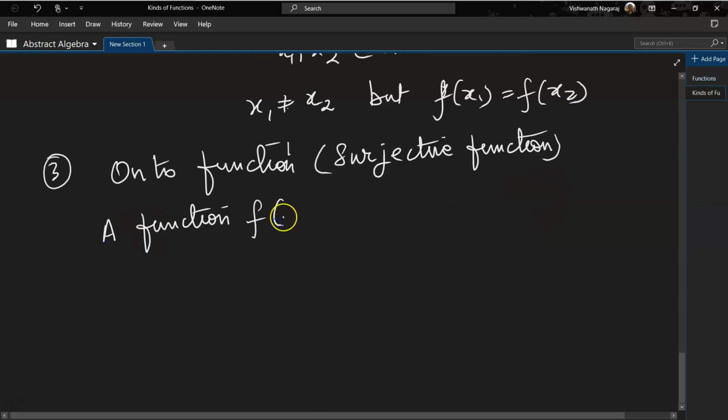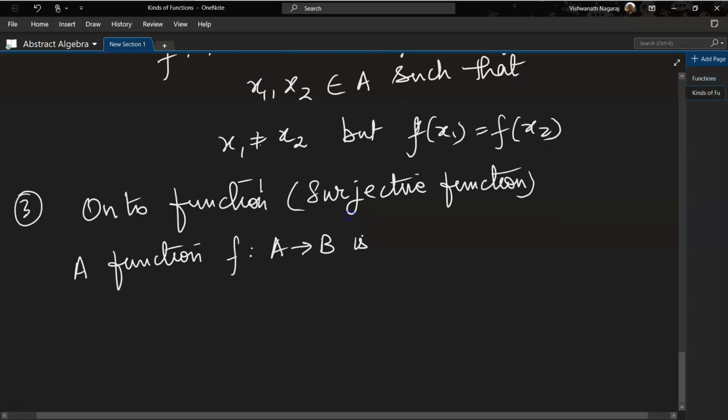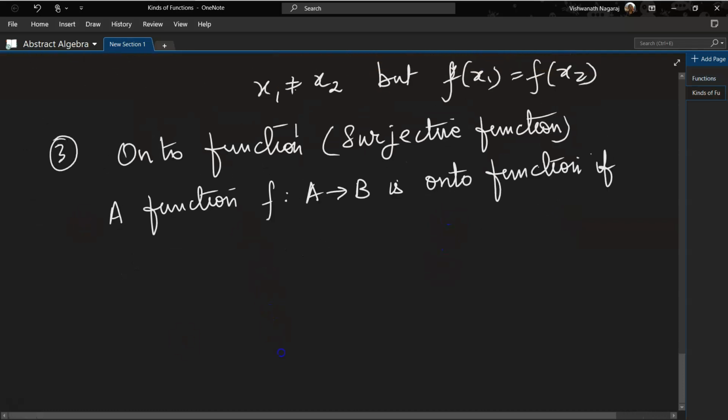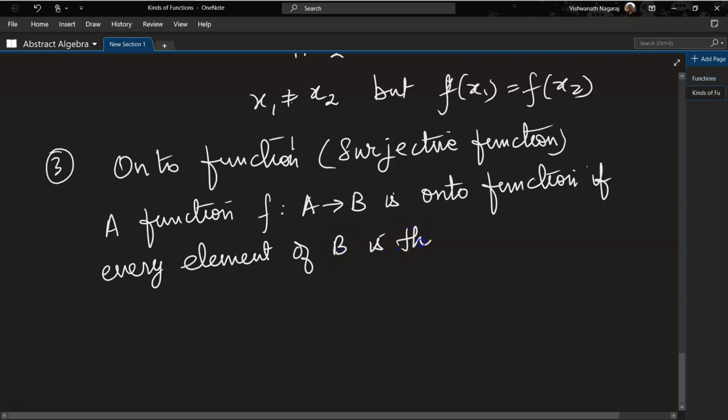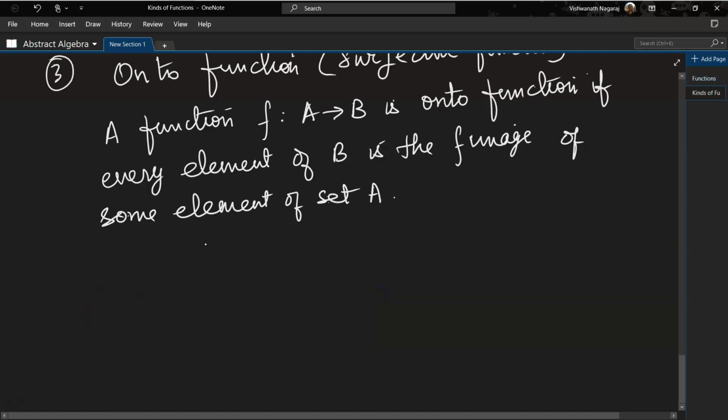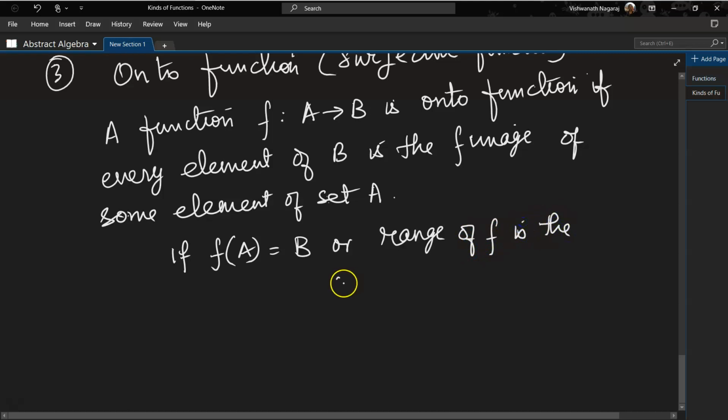A function f from A to B is onto if every element of B is the image of some element of set A, or we can say if f of A, or range of f, is the codomain of f.